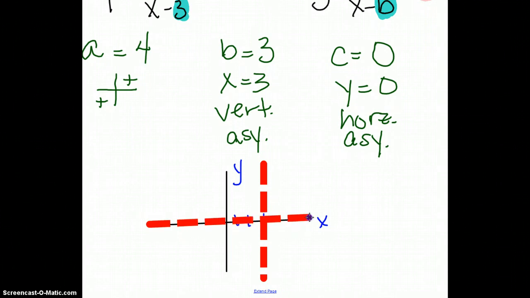So that's actually going to sit right on top of the x-axis. Now this is basically what it means. If it's in these two quadrants, then my graph is going to be here and here. Pretty straightforward.